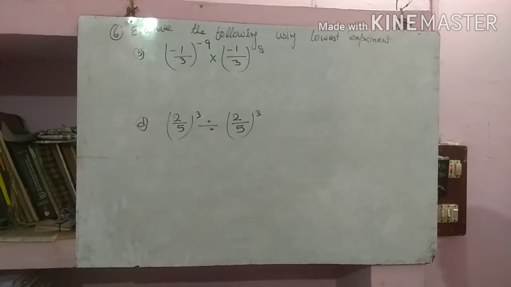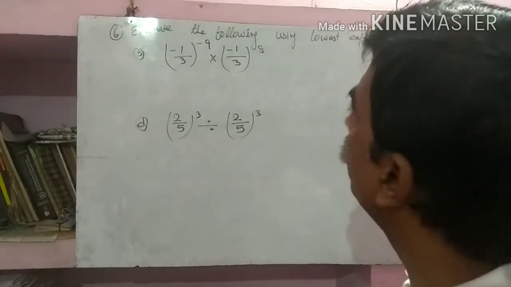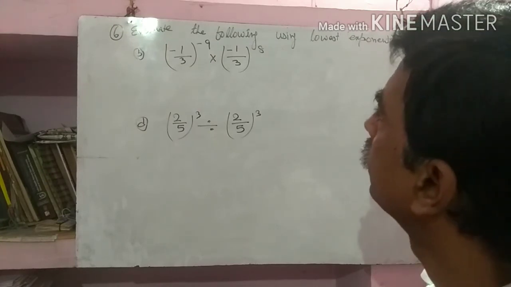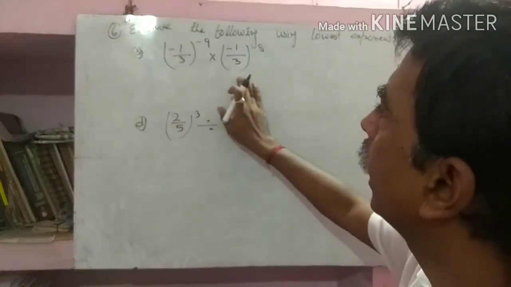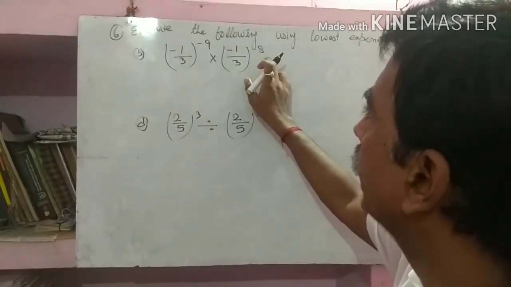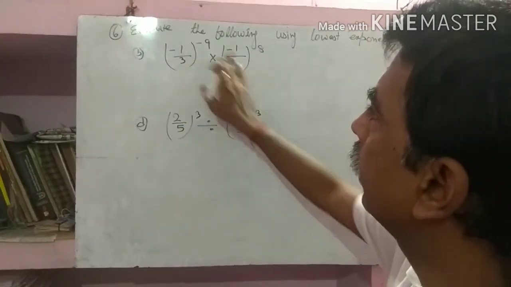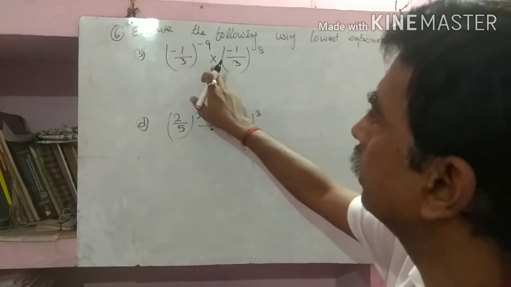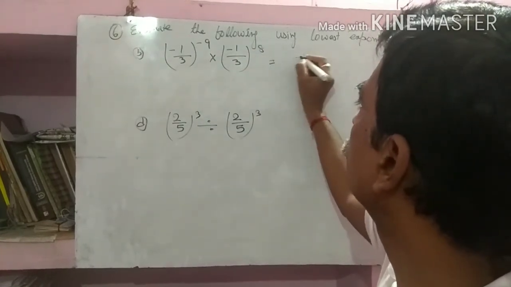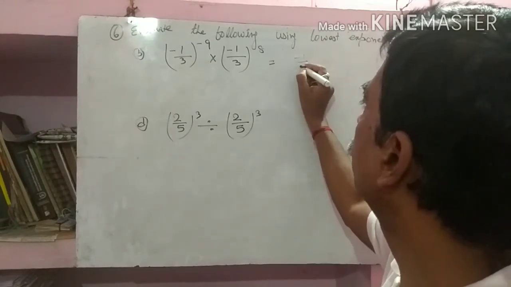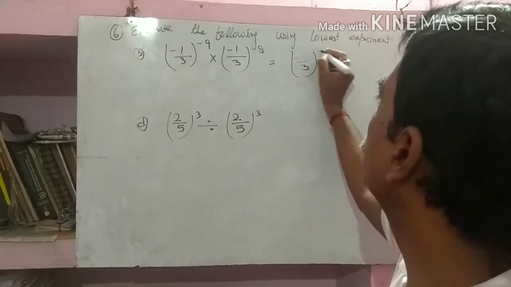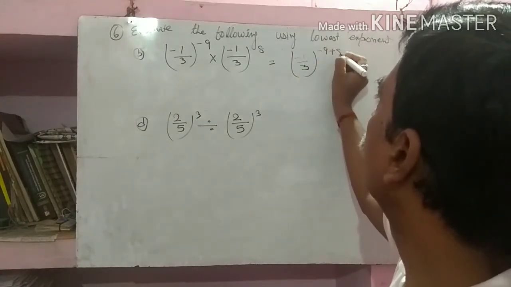Okay, look here. Question number 6 is saying evaluate the following using the lowest exponents. Look here, both have a common base and different powers. As we discussed, if the base is the same and the power is different, in case of multiplication, both the powers are to be added. So it will be minus 1 by 3 raised to the power minus 9 plus 8.